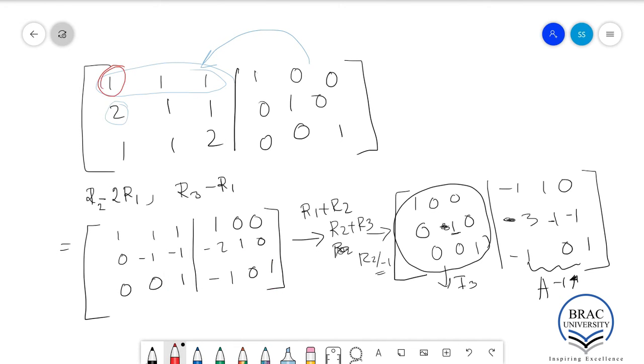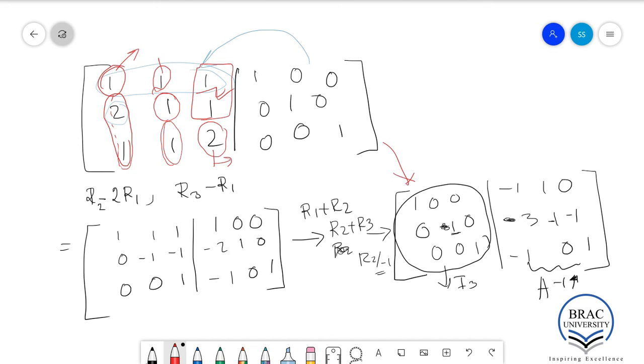If this is a pivot, then all the elements below it will be 0. Similarly, for the pivot over here, all the elements above and below will be 0. Similarly, for this pivot, all the elements above it will go to 0. And this is precisely what we have here.